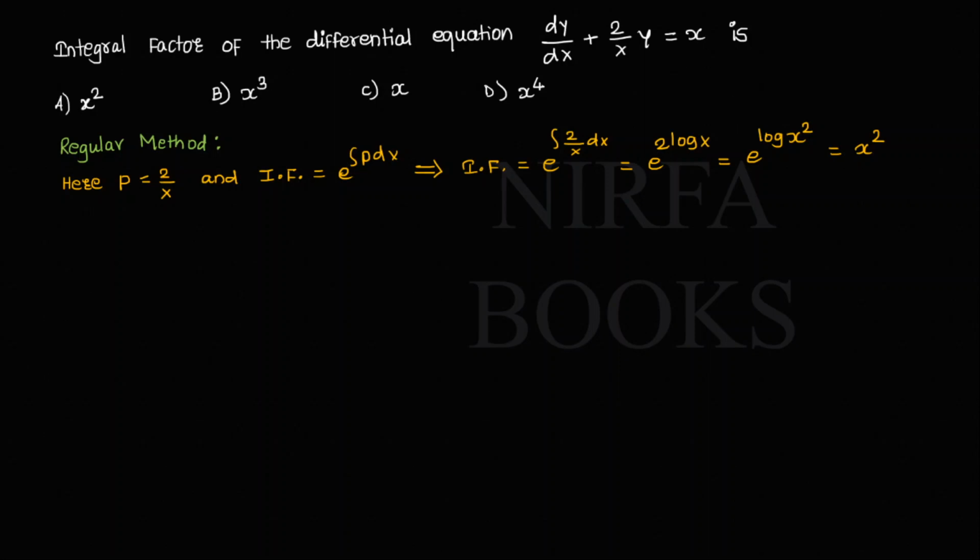How to use that short method? First thing is to make sure that the coefficient of dy by dx in the given differential equation must be 1. So here it is 1, therefore we can use this short method.